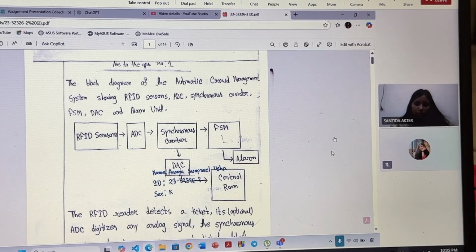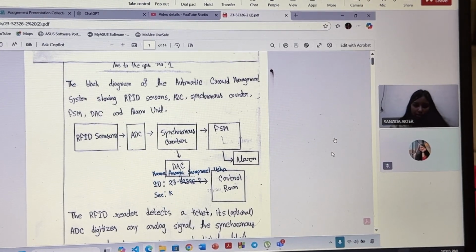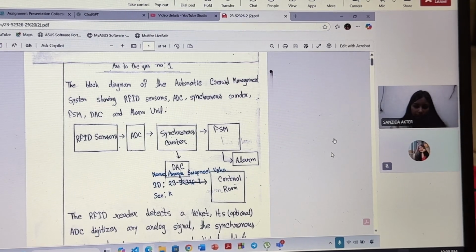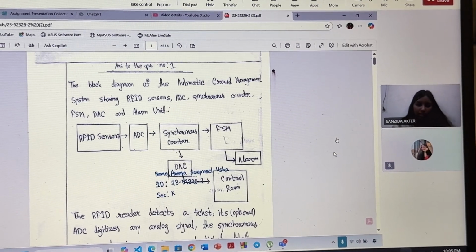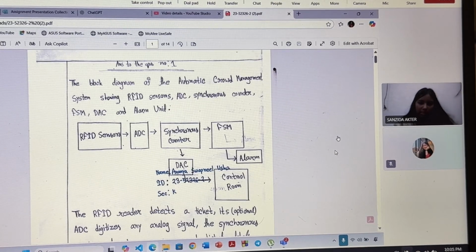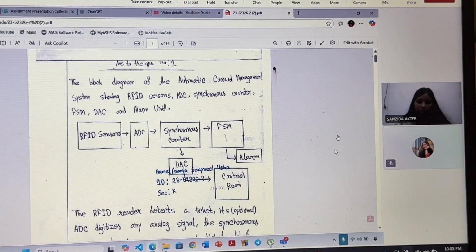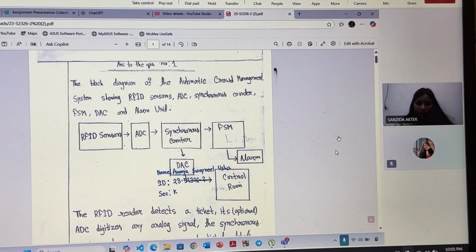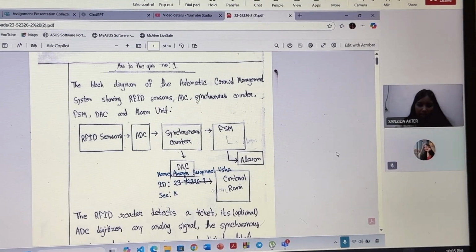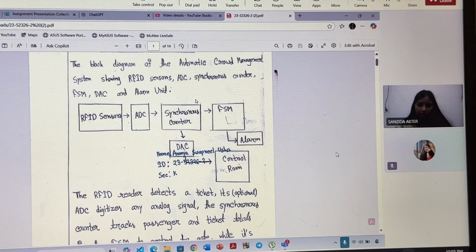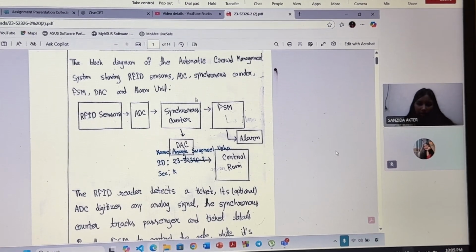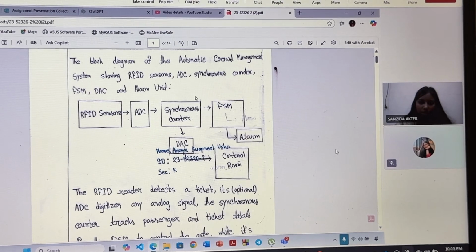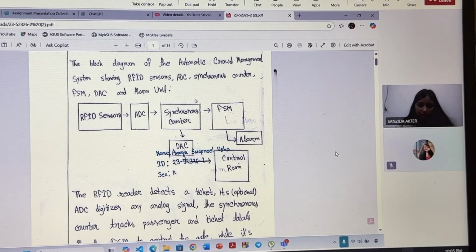The signal goes through an analog to digital converter to obtain a clean digital output. This feeds into a synchronous counter that records the number of passengers inside a finite state machine. The FSM then controls whether the gate should open or stay closed depending on the counter value and ticket status.